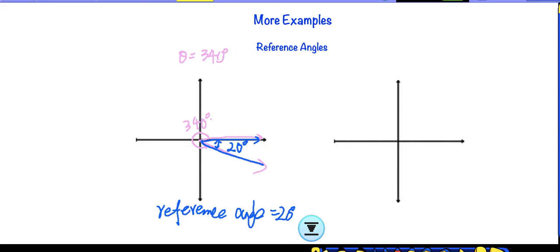So let's do a negative angle as one more example, and we are done here. So let's do negative 400 degrees. Okay, so negative 400 degrees. The first thing we are going to think is it's starting with initial ray, and since it's negative, we go clockwise.